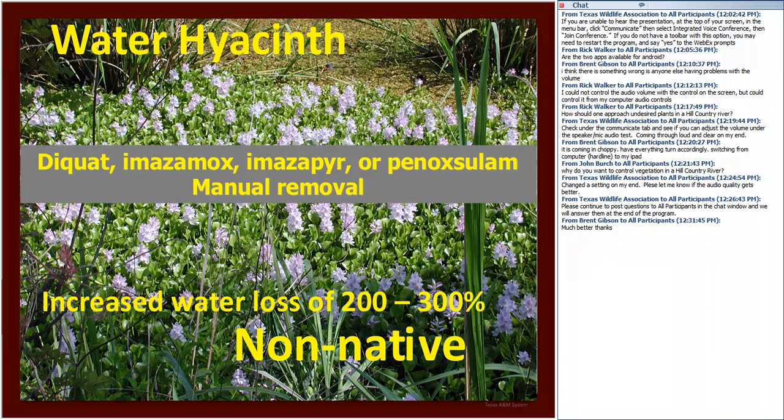In order to manage the plant through manual removal, it is quite labor intensive and difficult, and you have to make sure that you get every single bulb of the species out, because if you leave just one, it will multiply back to its former state.